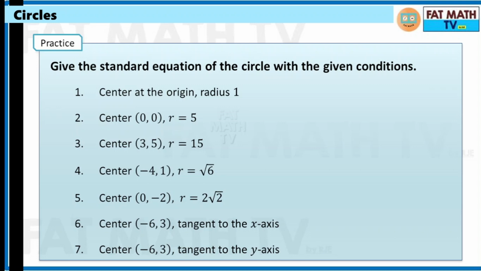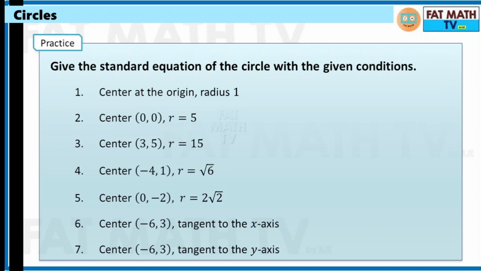This time, let us have a practice set. Number 1, give the standard equation of the circle with center at the origin and the radius is 1. Number 2, center 0, 0, r is 5. Number 3, center 3, 5, r is 15. Number 4, center -4, 1, r is square root of 6.